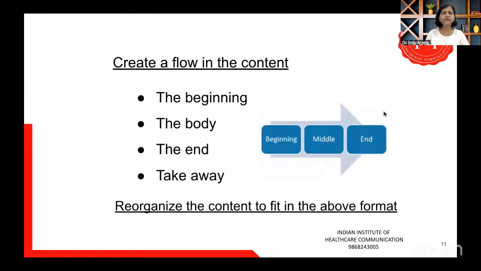Creating a flow means what will go in the beginning, what will be the part of the body, what will be the end, and how will you talk about the takeaway. So when you reorganize this content to fit in the above format, automatically whatever you have thought about will come into a flow or a structure.